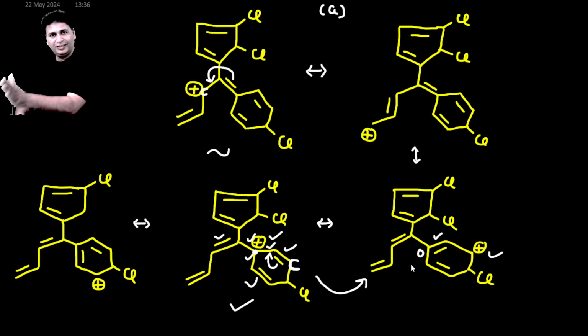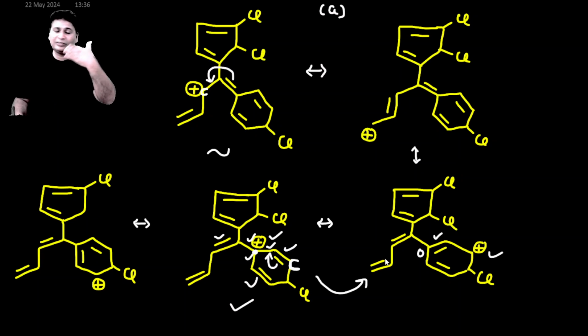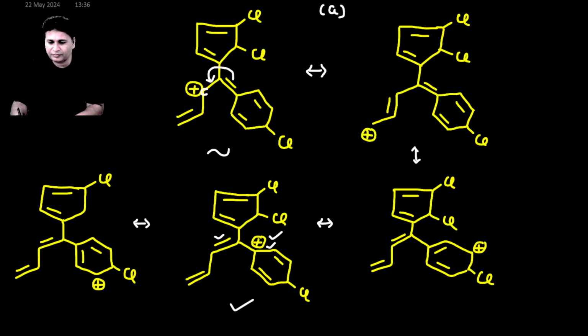So this is the structure you have got, and the similar type of resonance you can do from below also. Let me clear the screen. Now what you can do, plus, single, double. So you can shift this double bond this way, and as you have shifted, this carbon is going to get the plus charge now. This pi bond will shift one position ahead, it has shifted. Again this carbon is going to get the minus charge, and plus minus becomes 0.